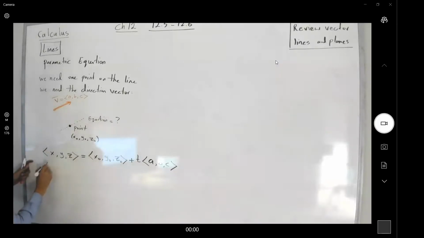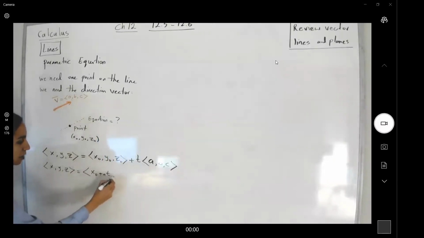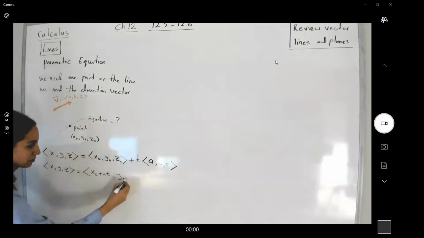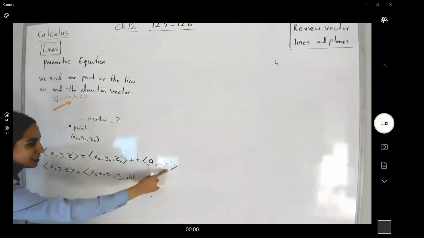We usually represent this as x, y, and z equal to x sub 0 plus at, comma, y sub 0 plus bt, comma, z sub 0 plus ct.